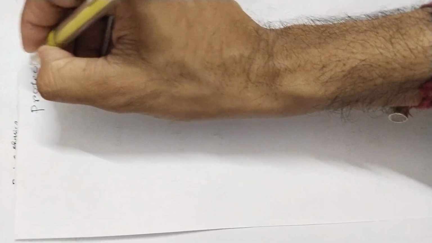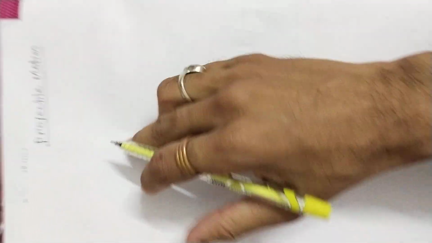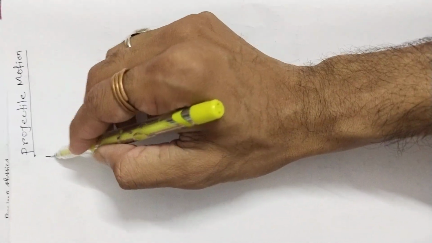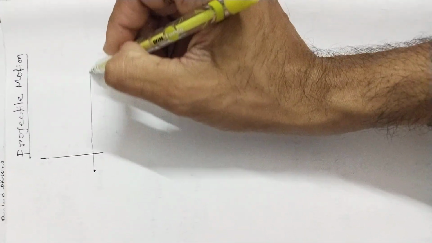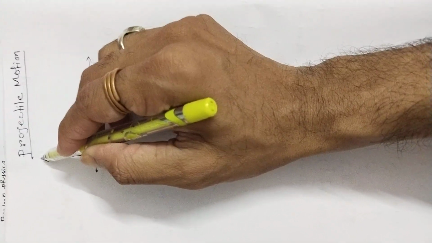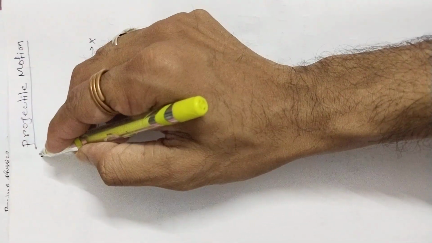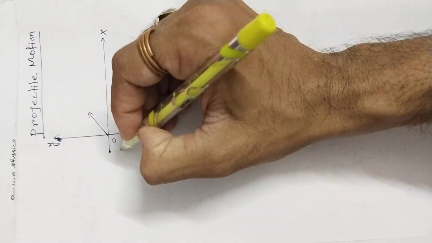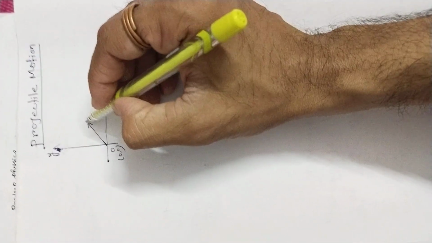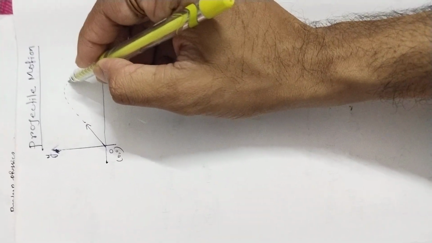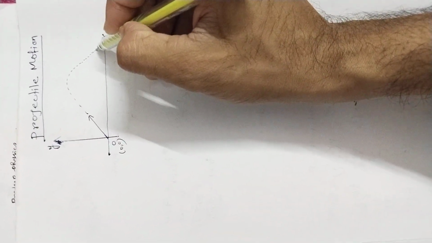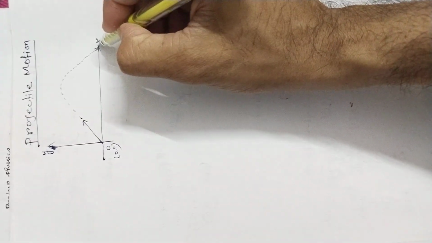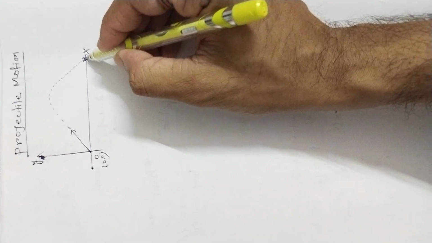Projectile motion. At first, what is the definition of a projectile? Projectile means that if I throw a particle from the point O, the zero point, the particle flies and comes down on the x-axis.